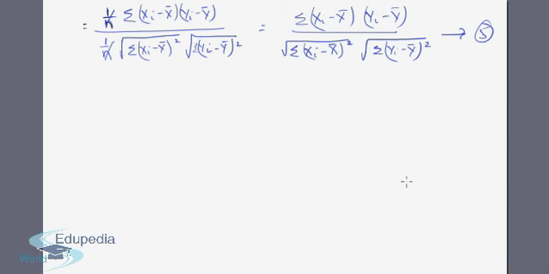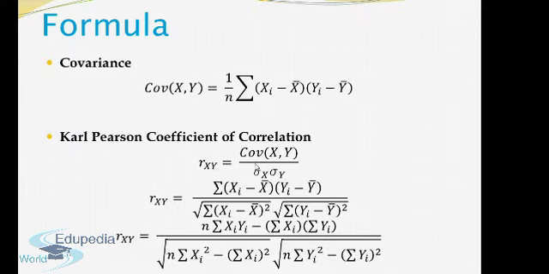Now this is exactly what we have here. How did we get the next type of the formula from here? Let's work it out.